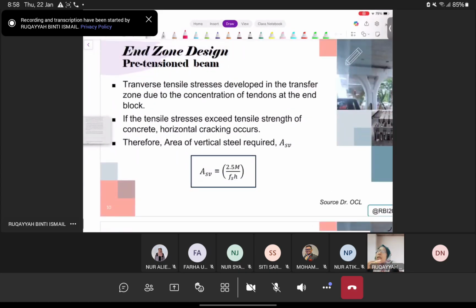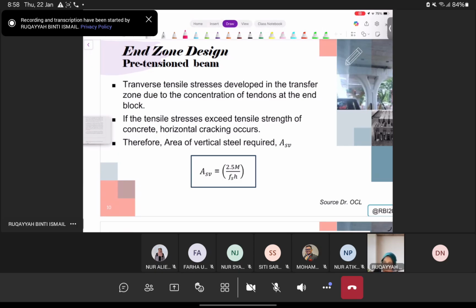So in terms of, say that you have to design your end block for pretension, it means that normally you're going to provide those minimal reinforcement there for pretension, but still has to be provided. Okay, so transverse tensile stress in the transfer due to concentration at the end block, so a risk of horizontal cracking might occur.